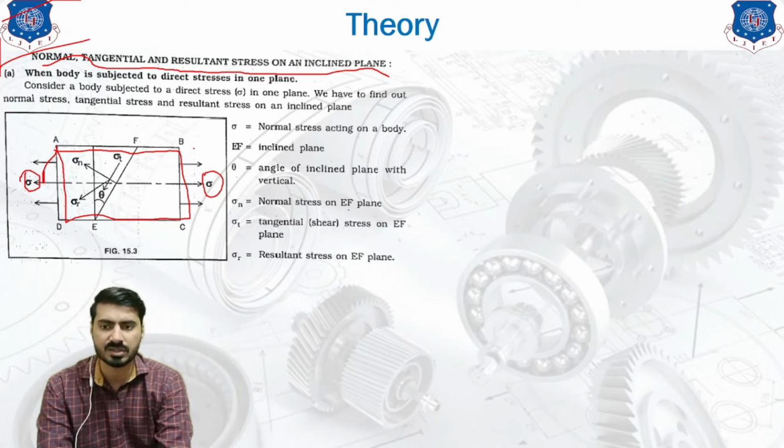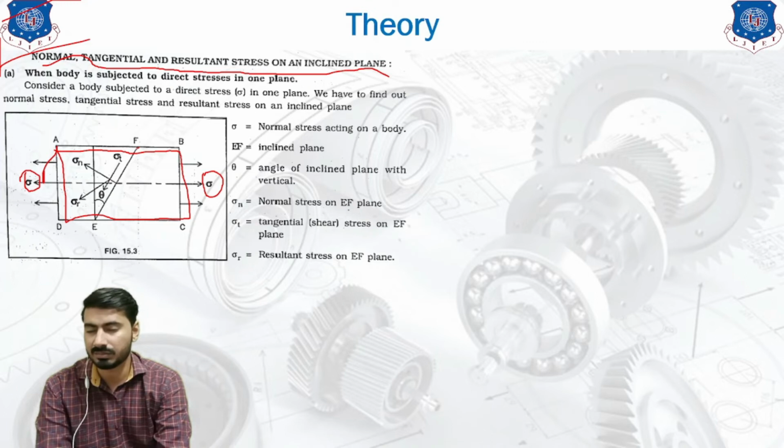Later on, we will calculate our principal stresses, or we are going to find out the normal and tangential stresses for any inclined plane. So this is our inclined plane. Let's say this plane is EF.